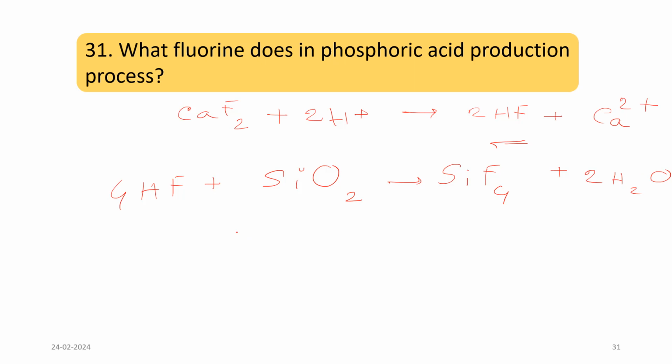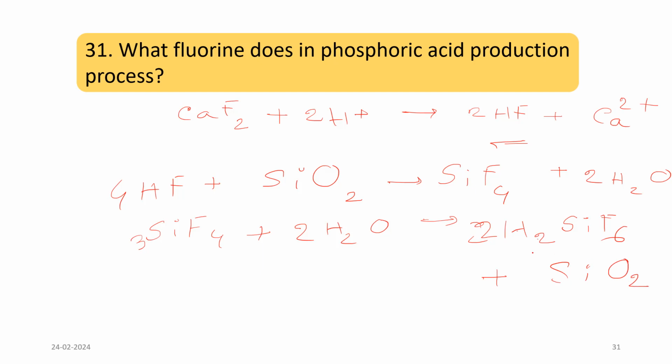Then 3 moles of SiF4 and water react with each other and produce 2 moles of fluorosilicic acid, that is 2H2SiF6, plus again the silica particles.